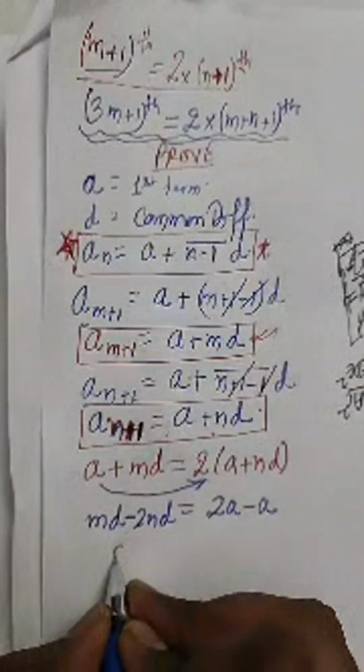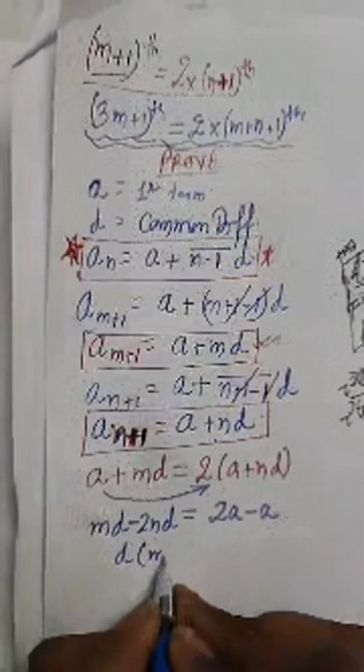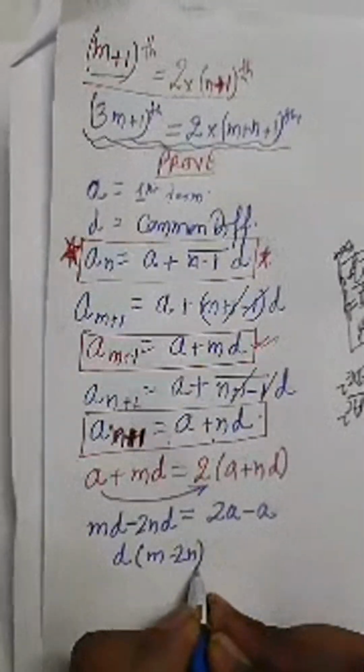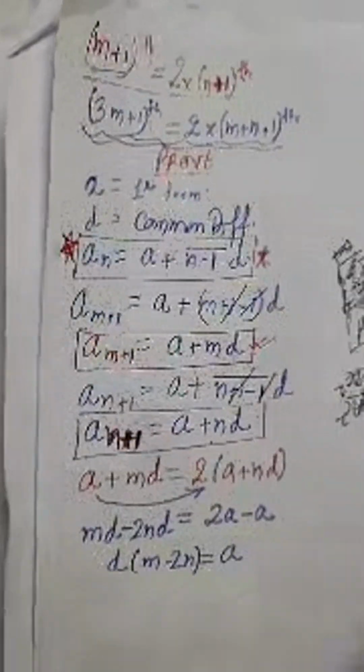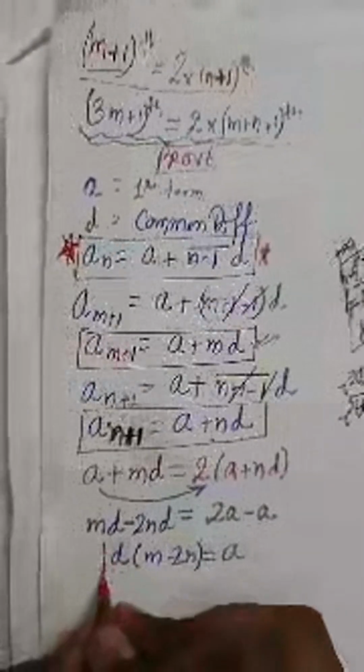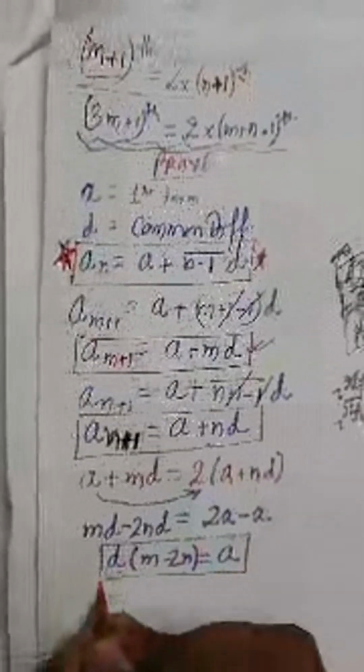So D common, m minus 2n is the value of A. This is derived from the relation given that m plus 1th term is 2 times n plus 1th term, right?